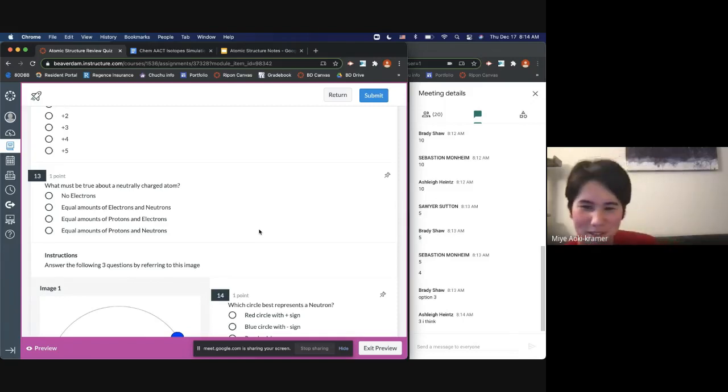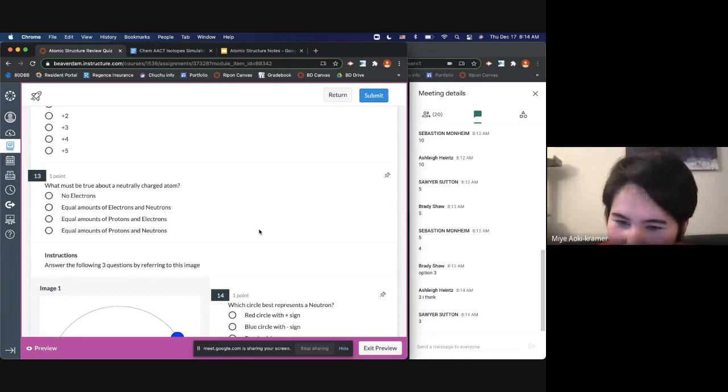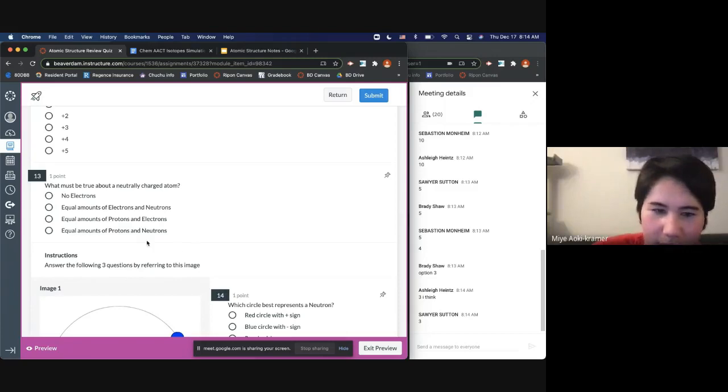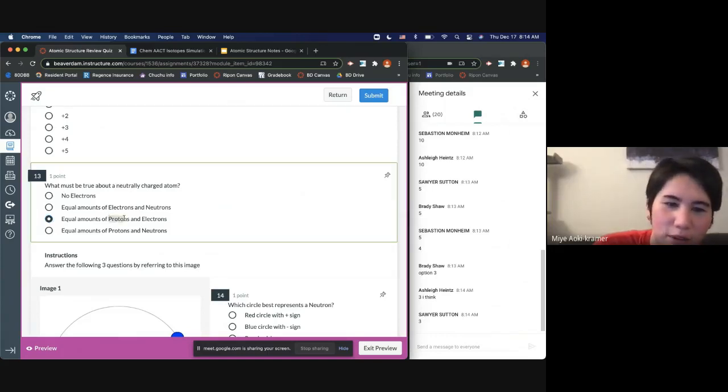All right, this one looks like it's tripping a couple people up. We've got 3 option 3s, which is correct. It's equal amounts of protons and electrons. When an atom is neutral, that means it has the same number of positive charges as it has negative charges.